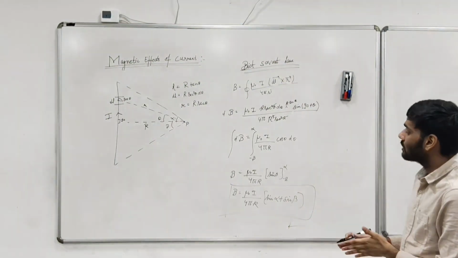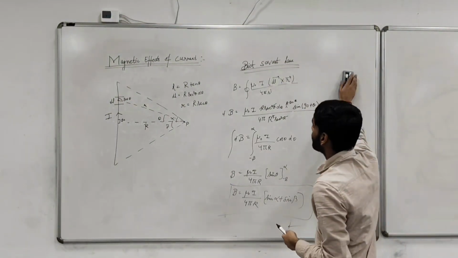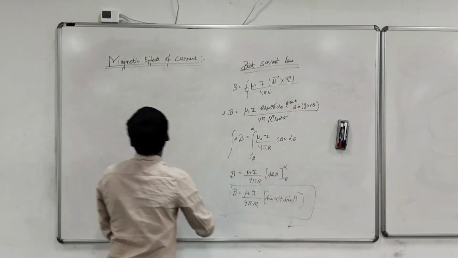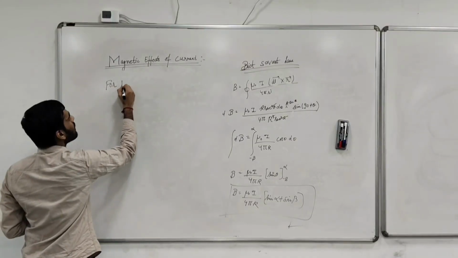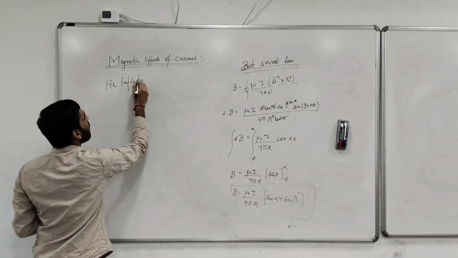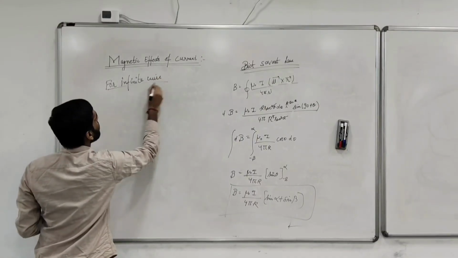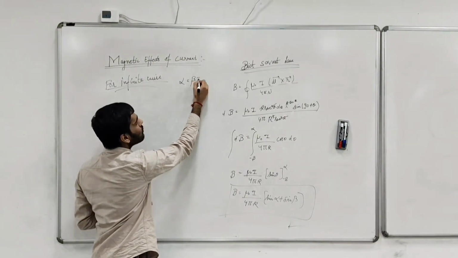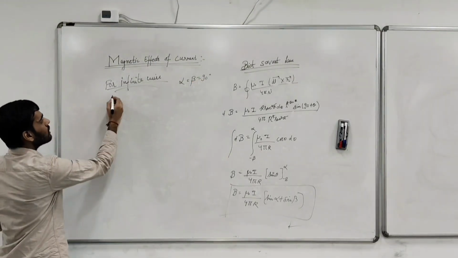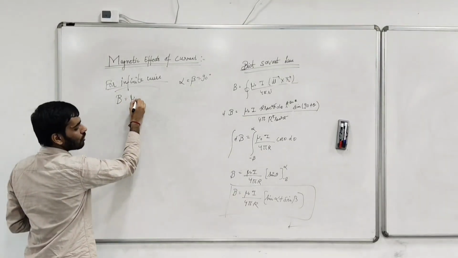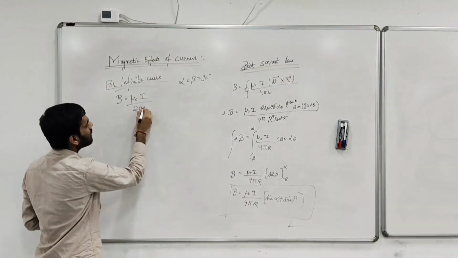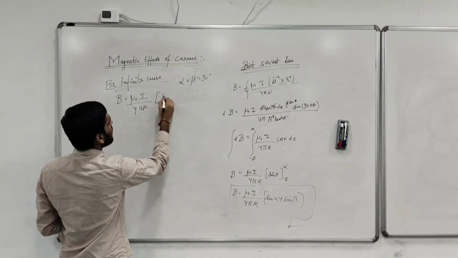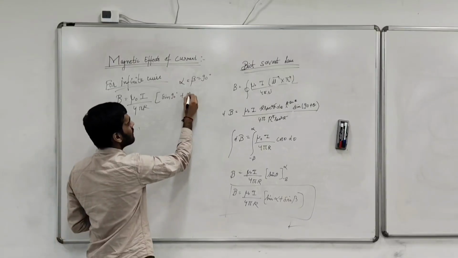We can apply this to an infinite length wire. For an infinite wire, alpha is equal to beta is equal to 90 degrees. So B turns out to be mu naught I by 4 pi r times sin 90 plus sin 90.